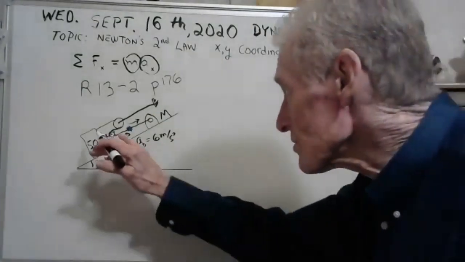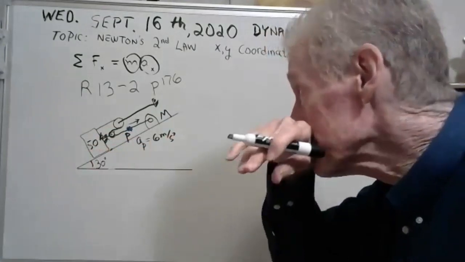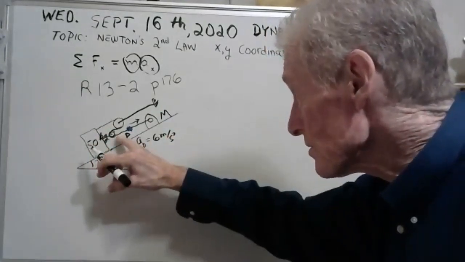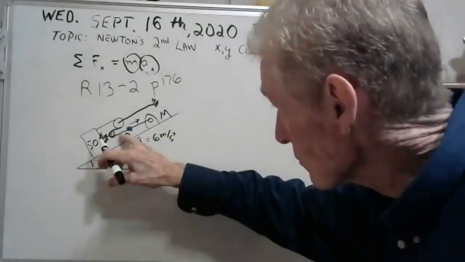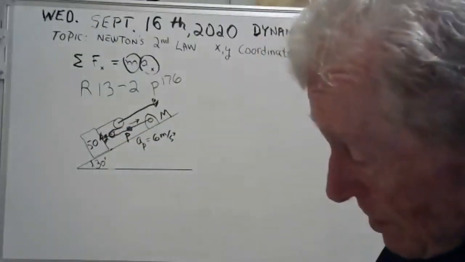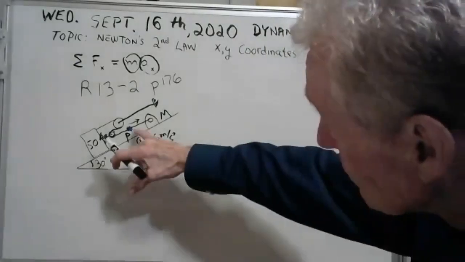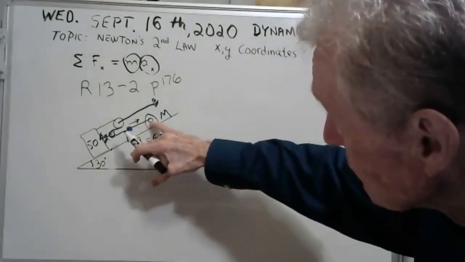Now notice there are 3 ropes pulling on your crate. See that there's tension in this rope, there's tension in that rope, and there's tension in that rope. There are 3 tensions on the crate, but only 1 tension from the motor.